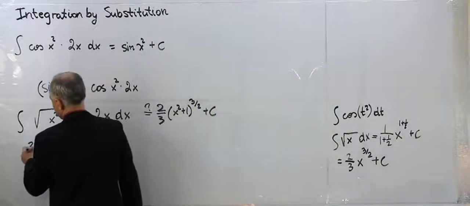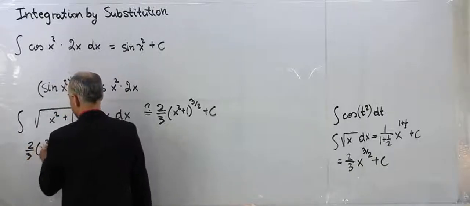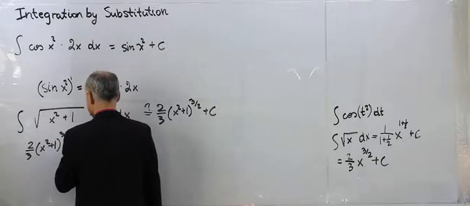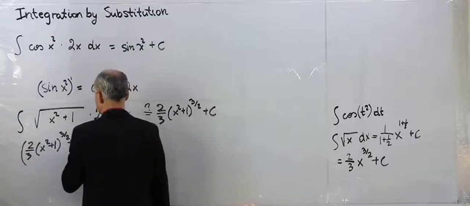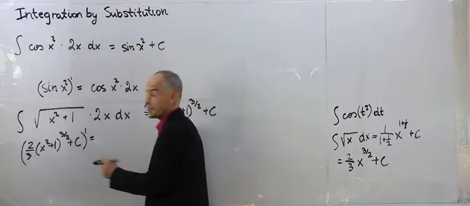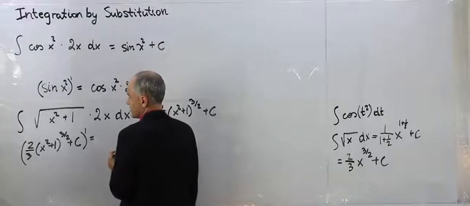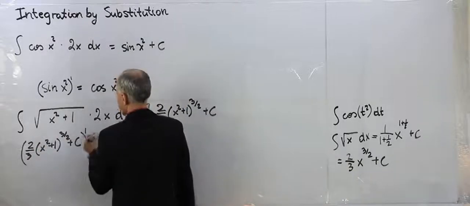So I need to differentiate 2/3 times x squared plus 1 to the power 3/2 plus c. The derivative of c is 0, so I'm just differentiating this. And how do I do that? I have a constant here, 2/3, right?